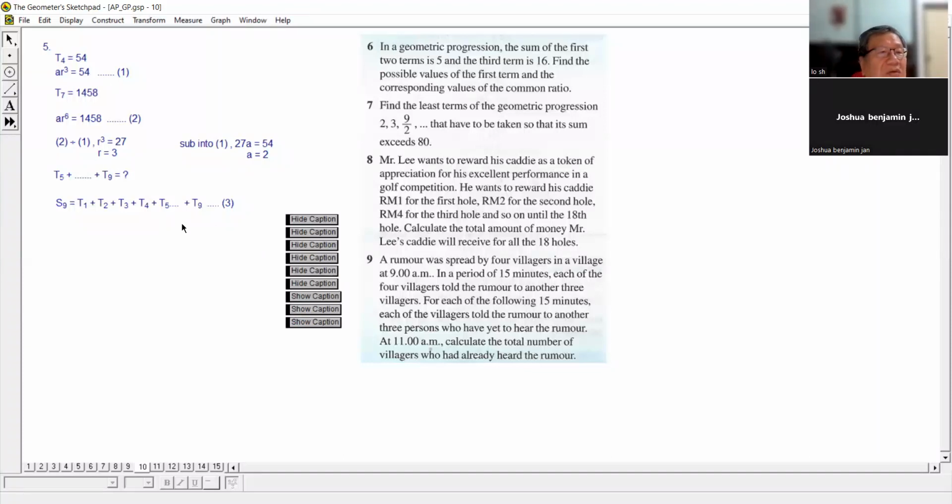So this S9 is not the answer. Then you look at the other one, S4. S4 is from T1 until T4. It's not T4 until T9. So what must we do? So we take equation 3 minus equation 4.